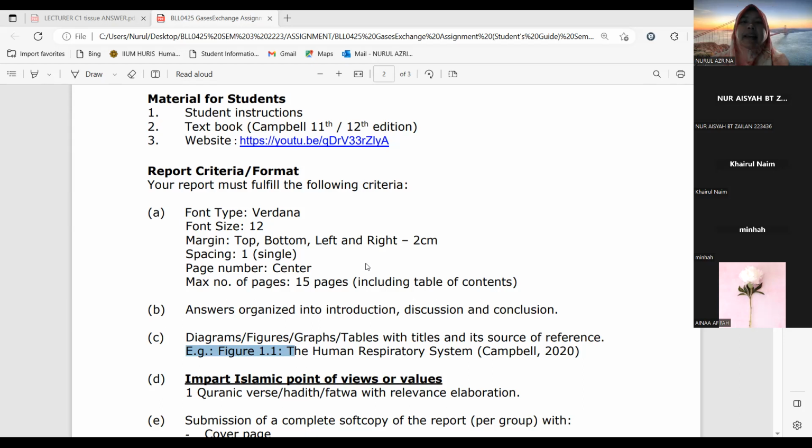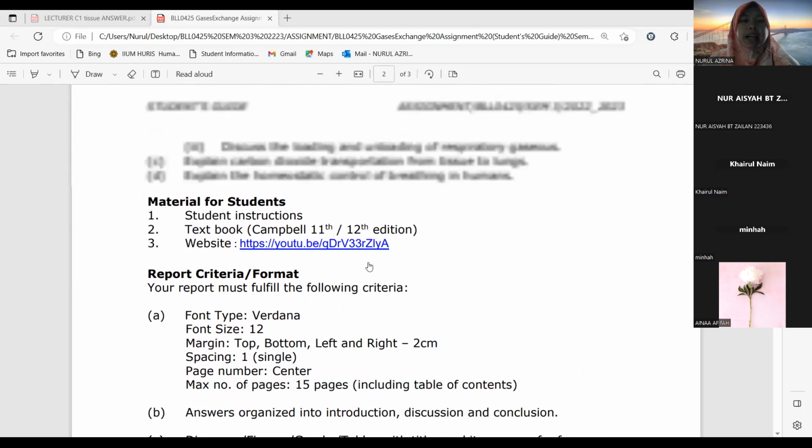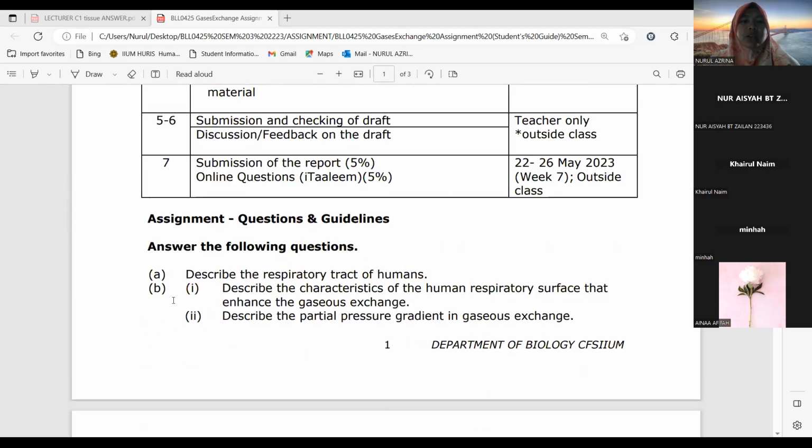In discussion you ada anak-anak. Chapter 2 kan discussion. You ada anak 2.1, 2.2, 2.3 contohnya. So 2.1, you ubahlah dia punya soalan ni. Contohlah soalan dia, describe characteristic of human respiratory surface. Awak tukarlah kepada what is respiratory surface.